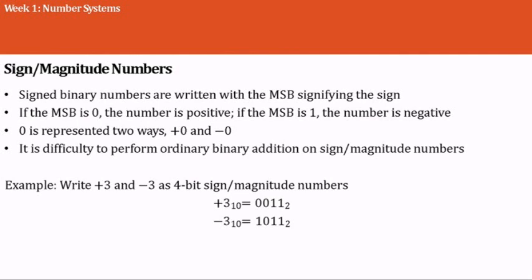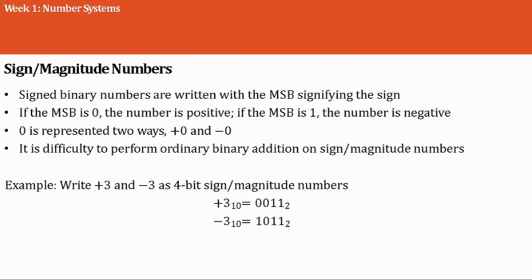Okay, and as for the sign and magnitude of numbers, comparing the most common ways of representing binary numbers, sign and magnitude will win in terms of human readability. That is because we are used to seeing this representation. Negative numbers are written with a minus sign followed by the magnitude.